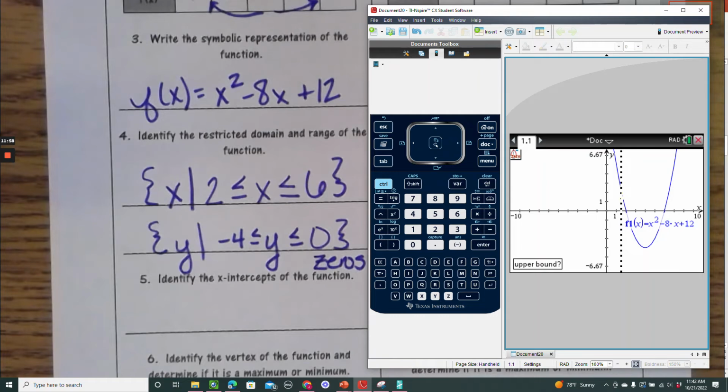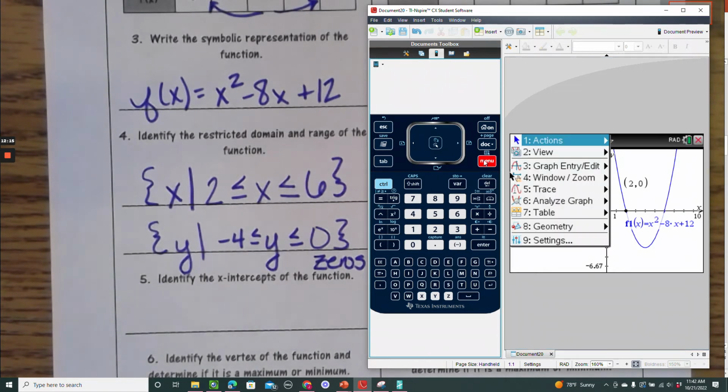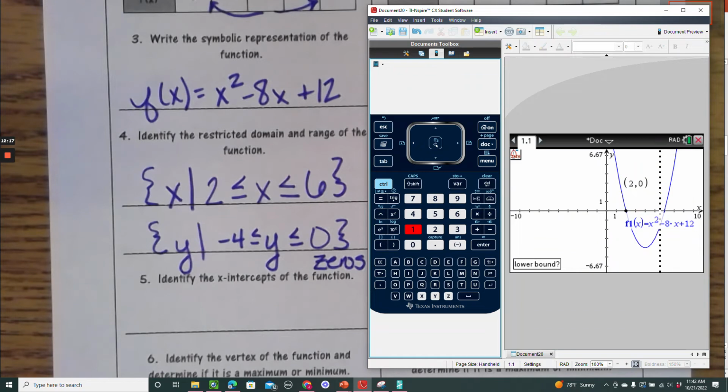So I set it just to the left, and then I scroll over, and you can see the word zero pop up. That means I captured it. It caught the zero. And then I click again, and it literally puts the value up on my screen. So that's 1. Then I have to do the other one. Menu 6, 1. To the left and to the right, and then there's my other X-intercept.